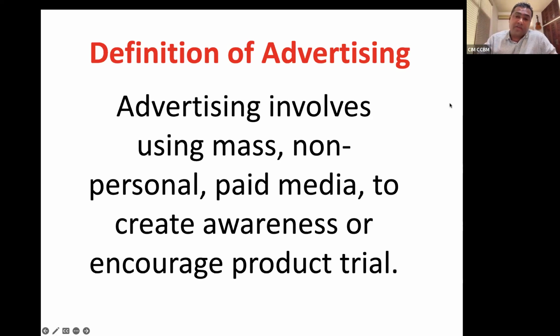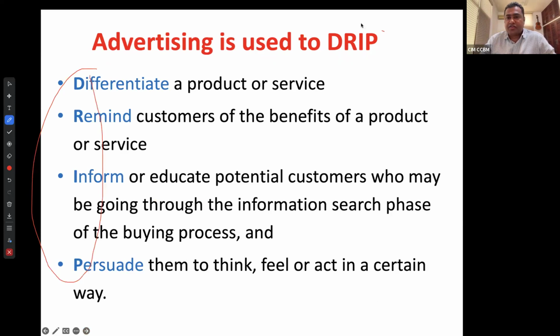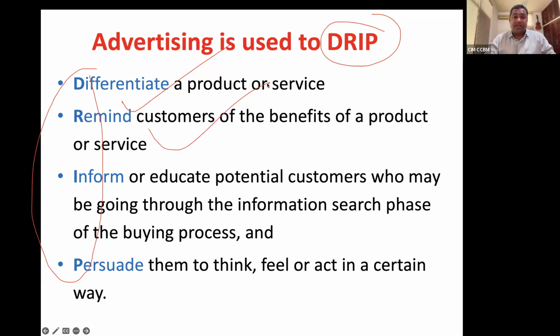And the objective of advertising is to create awareness, encourage product trial and purchase, right? So when we talk about the objective of advertising, you need to study this, it is to DRIP. What do you mean, DRIP? Is to differentiate your product. That's why you advertise. Is to remind your customers that you are there as an option in the market.